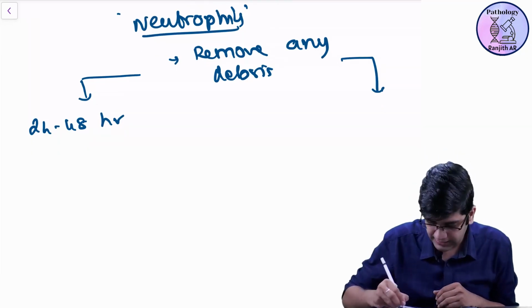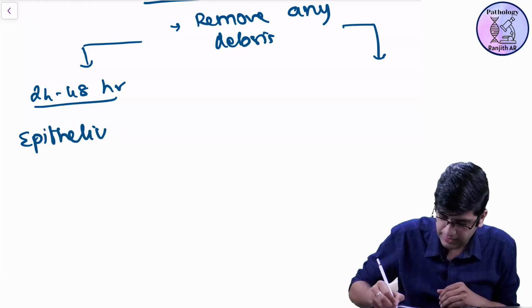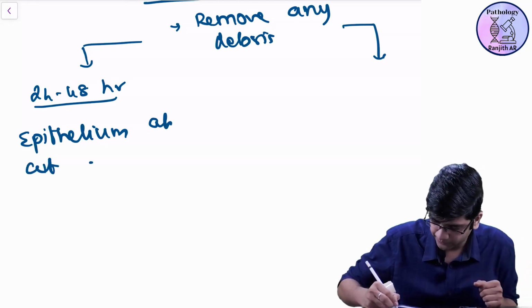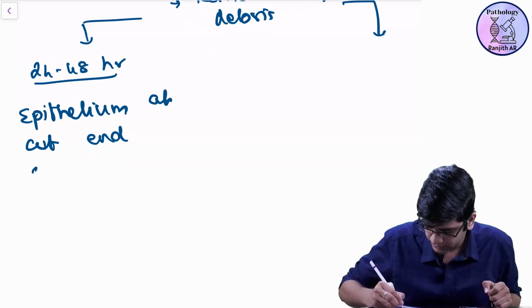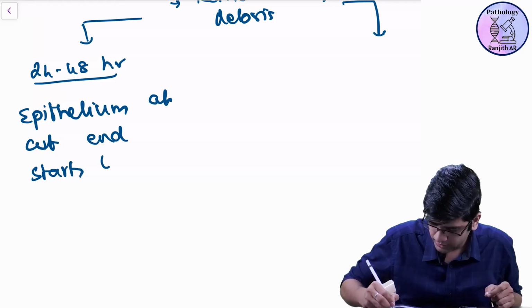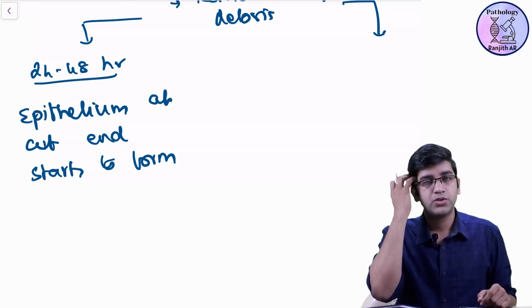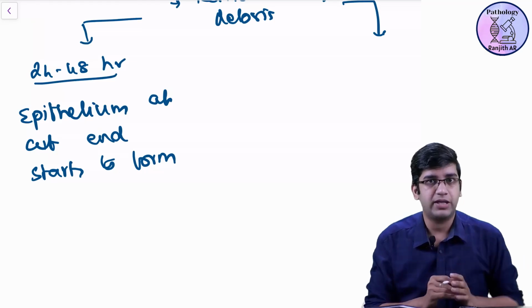Around 24 to 48 hours, my epithelium at the cut end starts to form, slowly starts to form, so that my scab slowly will be constricted and will fall off in some time.